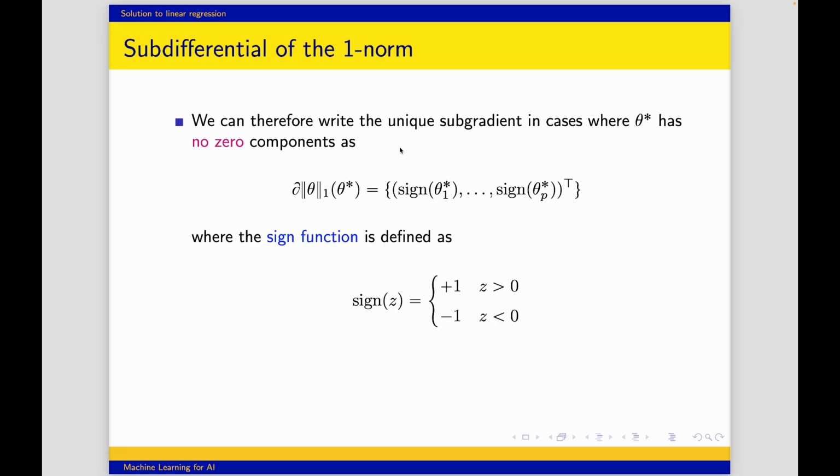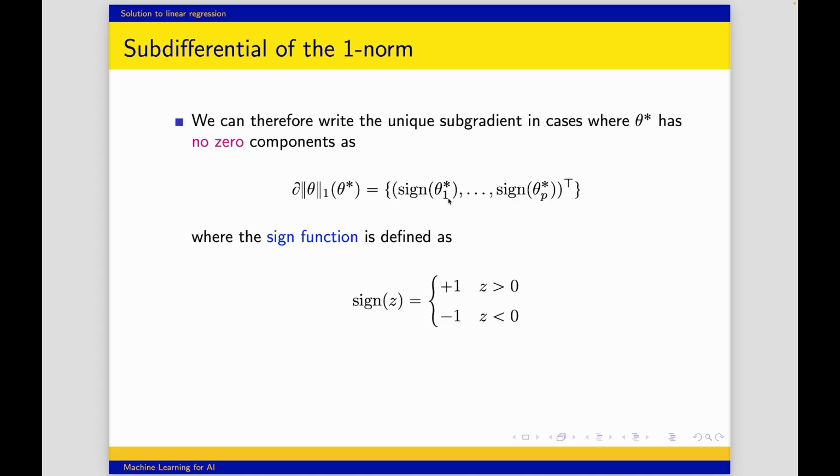So in those cases where none of the components are 0, we can write the subgradient uniquely as this thing here. It's just the sign of each of the individual coefficients. And what's this sign function? It's plus 1 if its argument is positive, and it's minus 1 if its argument is negative.